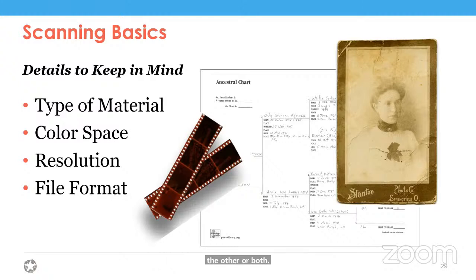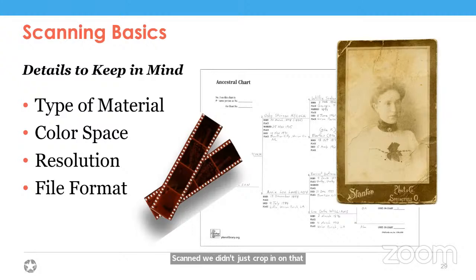You want to stay true to the original. Make sure to crop it properly, maintain a little small border around the image that's not too close, not too wide. You don't want to crop in on the image. Like in this example here, we've got the entirety of that photo on that photo card scanned. We didn't just crop in on that rectangular part of the image.